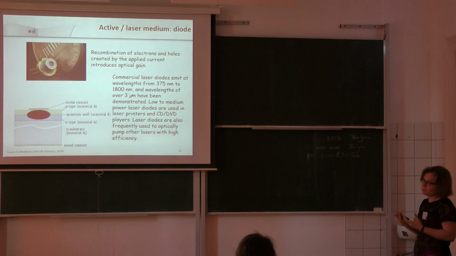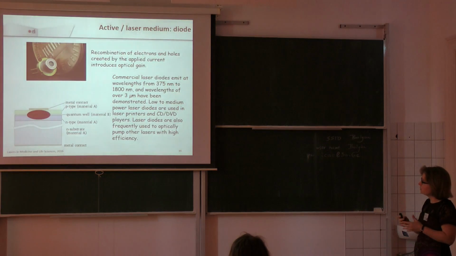Probably the most widespread type of laser is the diode laser. It works through electric current, and in this case we have a recombination of electrons and holes to induce the gain.